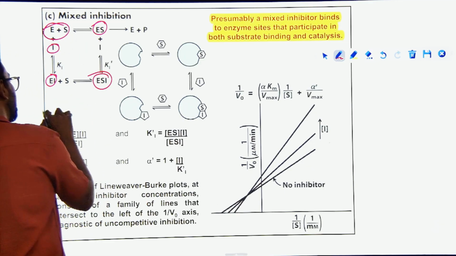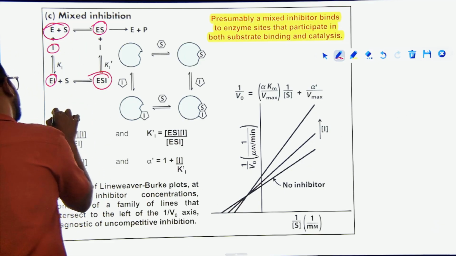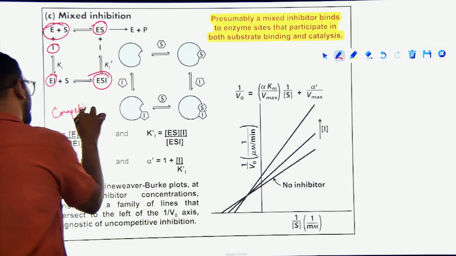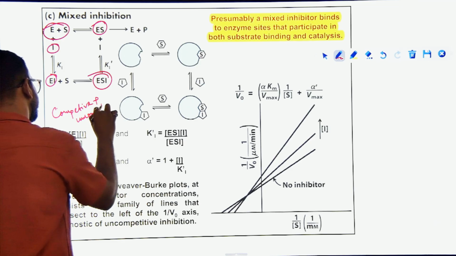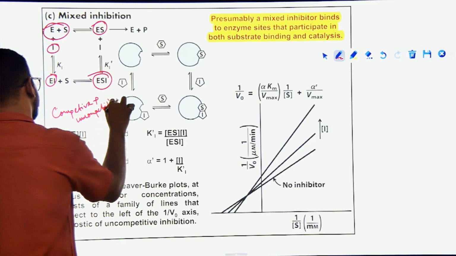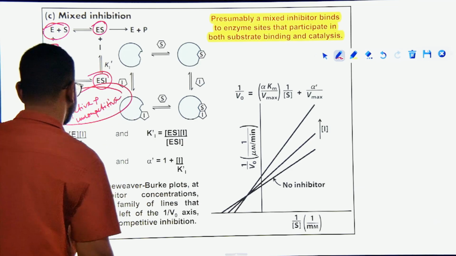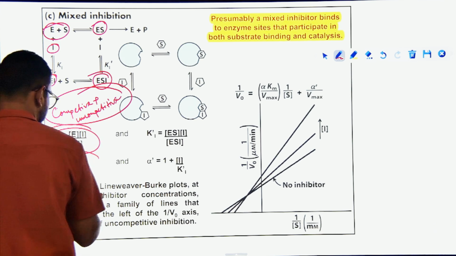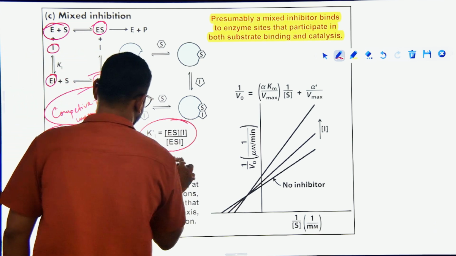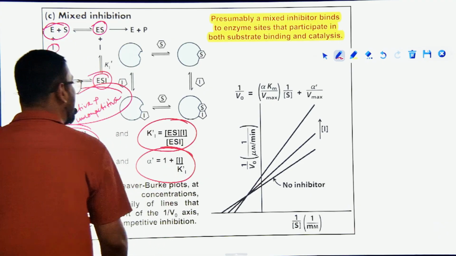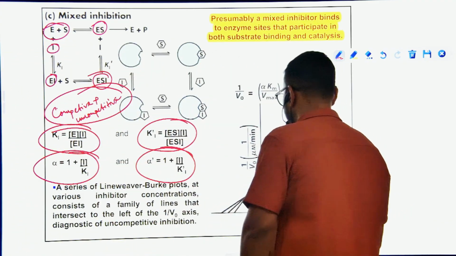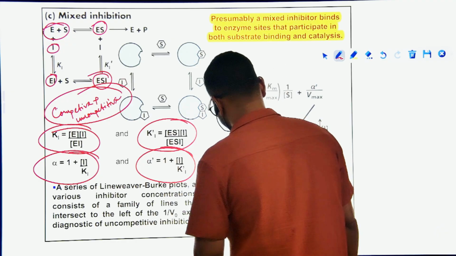It is a combinatorial aspect of competitive plus uncompetitive. So Ki should be for EI and Ki dash for ESI both. So alpha and alpha dash, both the factors are introduced over here.